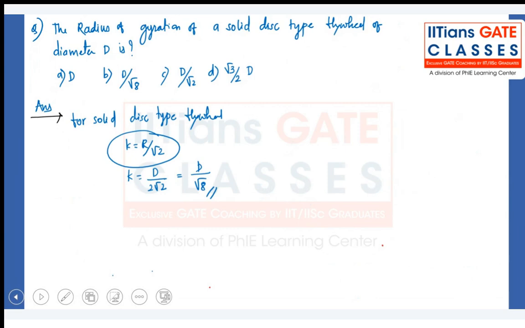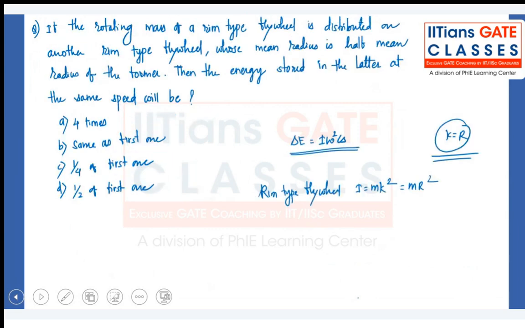Previously we said k is equal to r by root 2 for the disk type flywheel, and here k is equal to r for the rim type flywheel. So remember this difference, and depending on what kind of question comes, you have to apply the value of k accordingly.